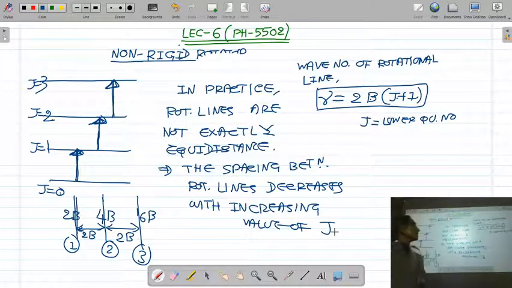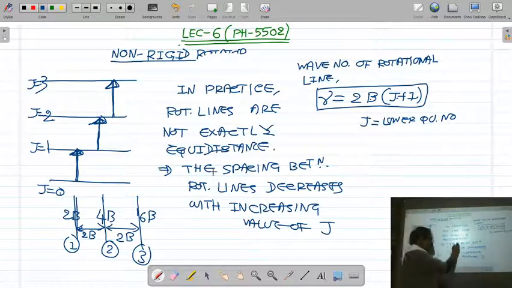In practice, the rotational lines are not exactly equidistant. The spacing between rotational lines decreases with increasing value of J.